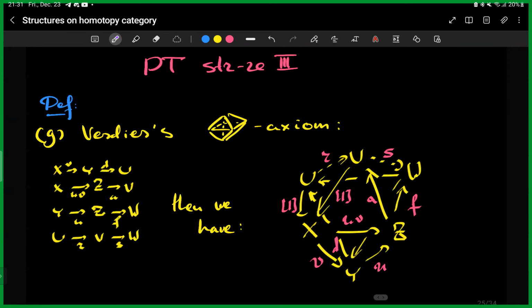So another important part is Verdier's octahedral axiom, which states that if we have a sequence like this, and right now by sequence I just mean a three-term diagram like this, then we should have four additional sequences. In this case, they should be cofiber sequences, and of course we should have the dual statement.